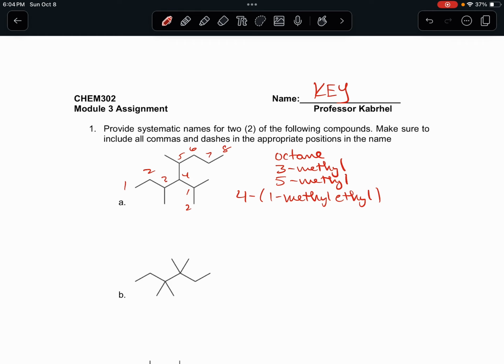So it is technically an ethyl side chain, so it would be 4-(1-methylethyl)-3,5-dimethyl nonane.